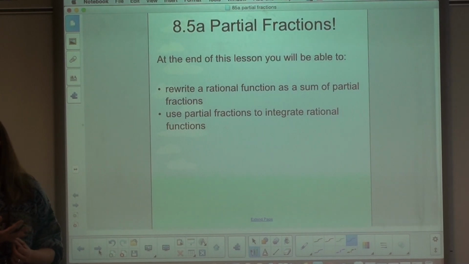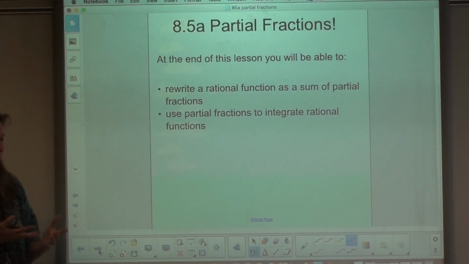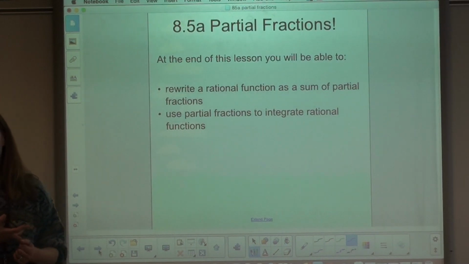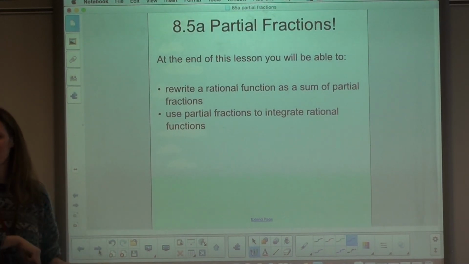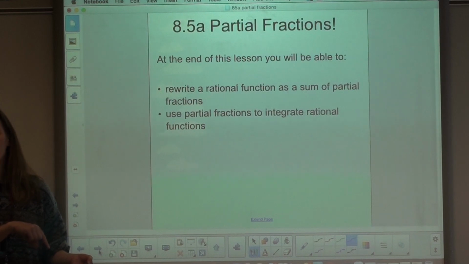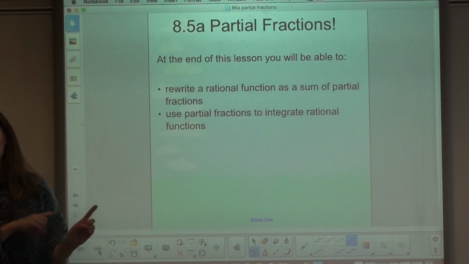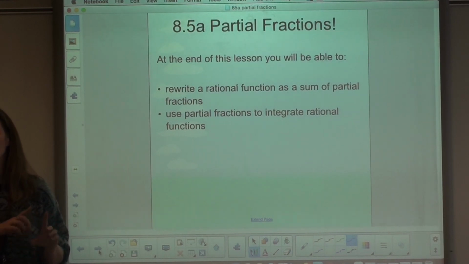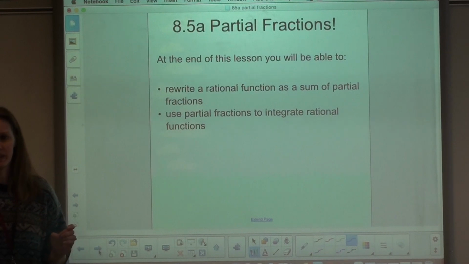So really spending 2 days on this topic. Wednesday, we jump back to chapter 6 and we learn how to integrate logistic functions. And once we do that, we're pretty much done with just about all major integration methods, right?